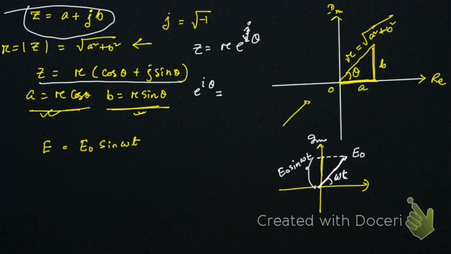So e to the power j theta, as we are taking small j, will be equal to cos theta plus j sin theta.